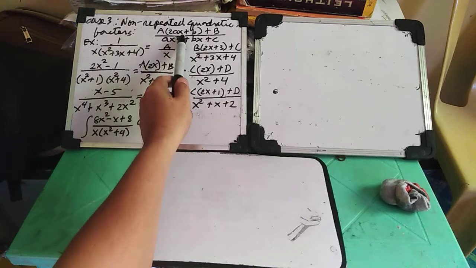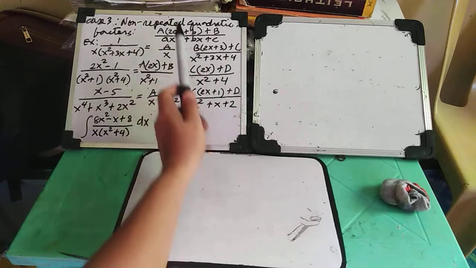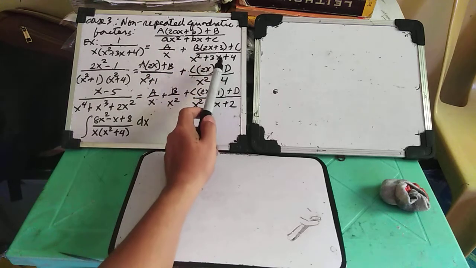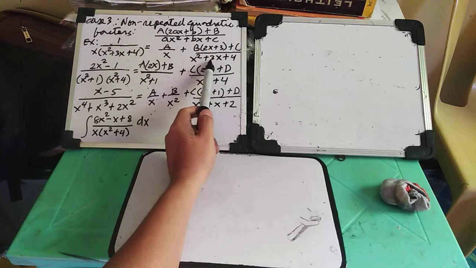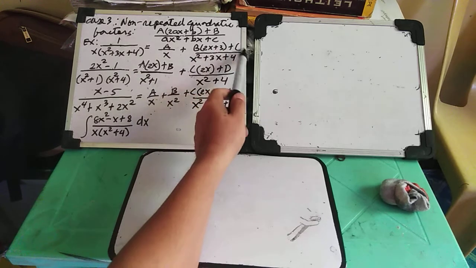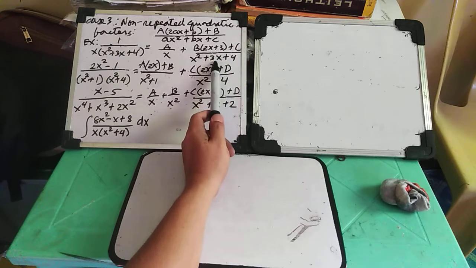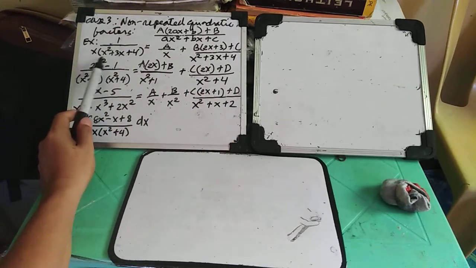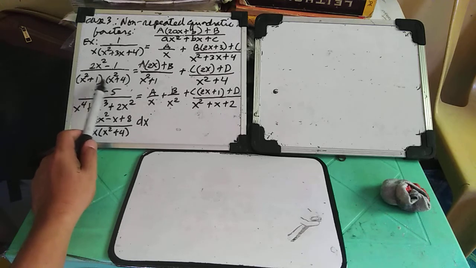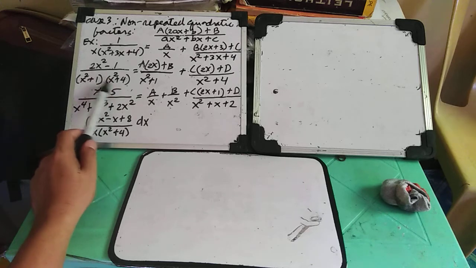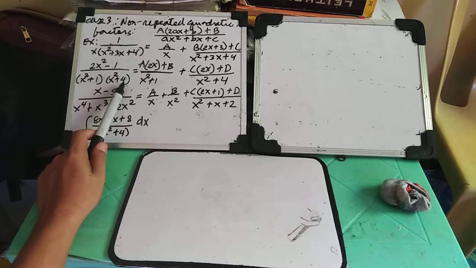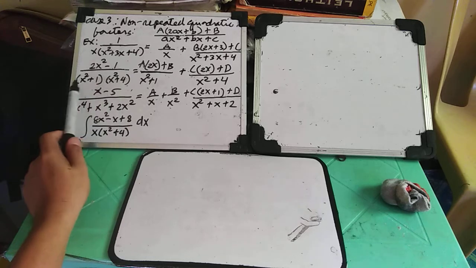Remember, the first term has the derivative. The first term is multiplied by the derivative of the quadratic factor. So plus B times the derivative of x squared plus 3x, which is 2x plus 3, plus C, then all over the quadratic factor. Also, if we have 2x squared minus 1 all over x squared plus 1 times x squared plus 4, since these two factors are not factorable into linear form, then we will consider these two factors as quadratic factors.